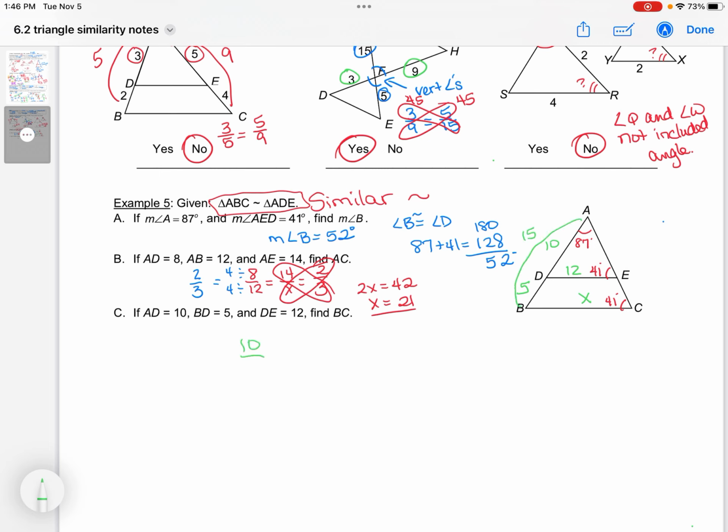So I have 10 over 12 equals 15 over x. X equals, well, 10 times 15 is 150, 60, 70, 80. Yeah. Okay. Phew. Thanks for bearing.